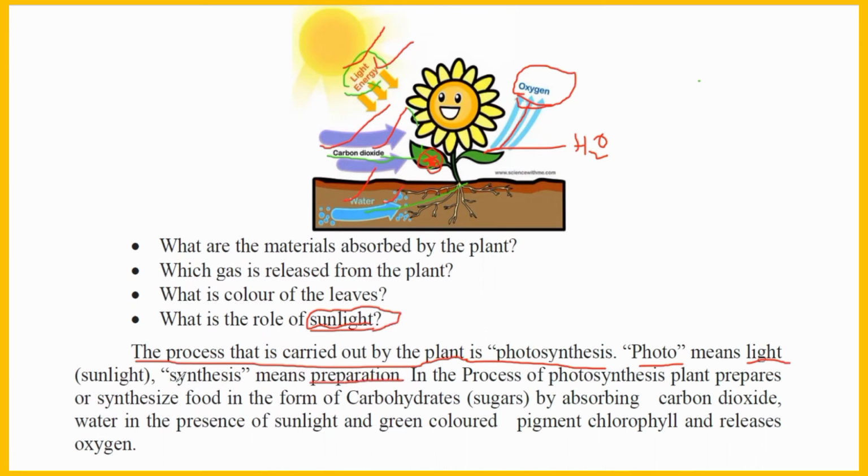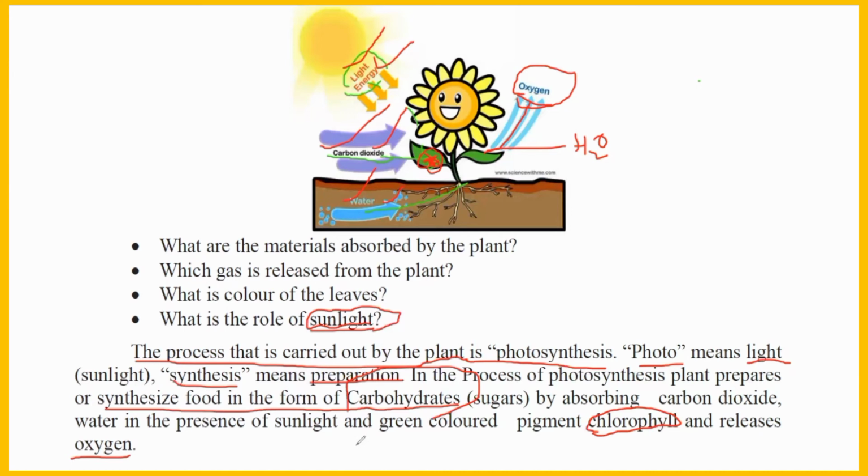In this process, photosynthesis, plants prepare or synthesize the food material, carbohydrates, by absorbing carbon dioxide and water in the presence of sunlight with the help of the green pigment, nothing but chlorophyll, and release oxygen.